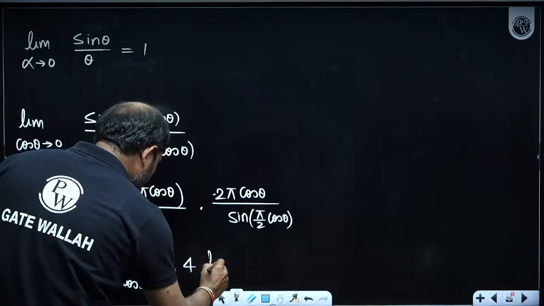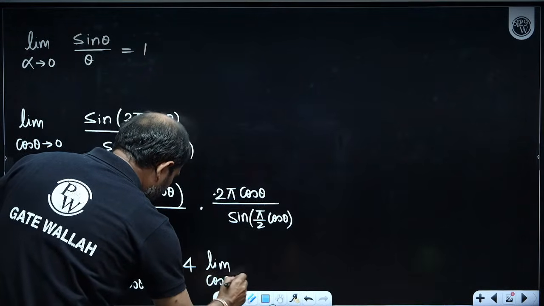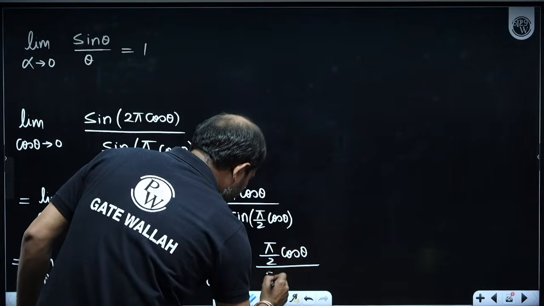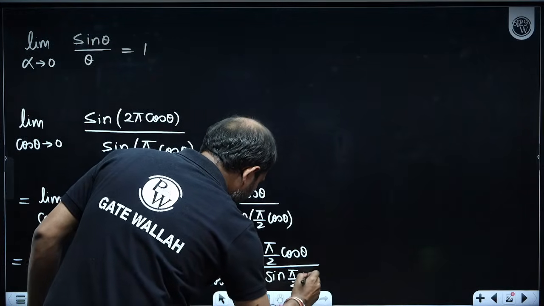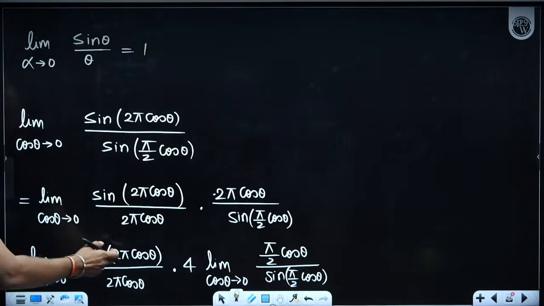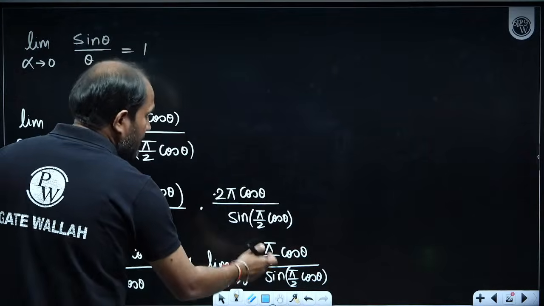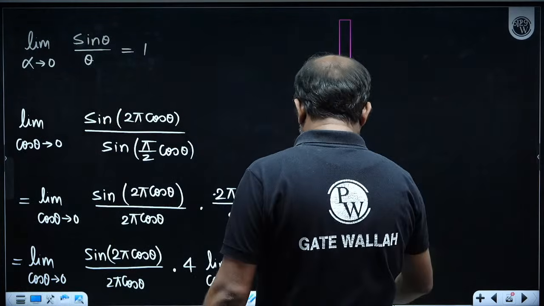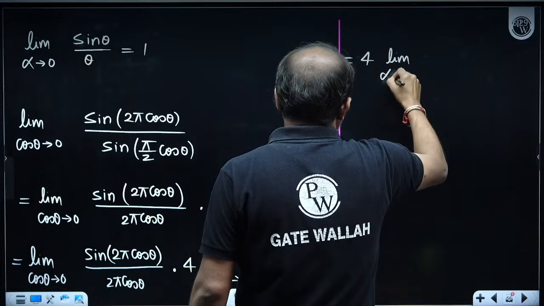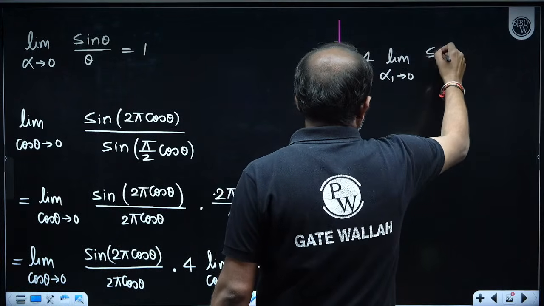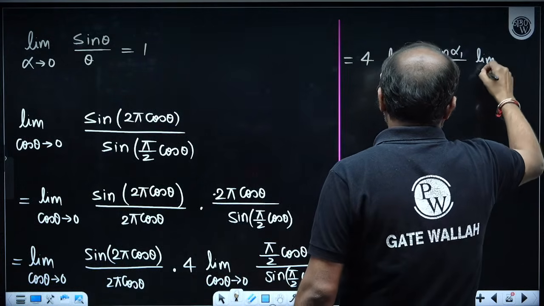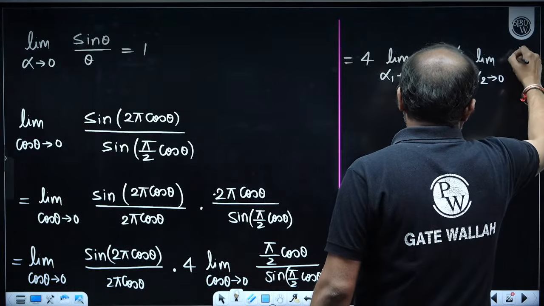So 4 limit cos theta tends to 0, pi by 2 cos theta upon sin pi by 2 cos theta. I will assume this one is alpha 1 and this one is alpha 2. 4 I will take outside. So 4 limit alpha 1 tends to 0, sin alpha 1 upon alpha 1, and limit alpha 2 tends to 0, alpha 2 upon sin alpha 2.